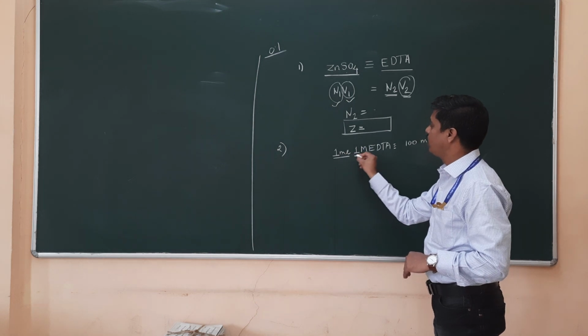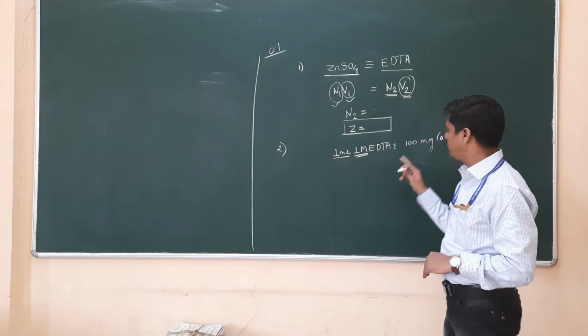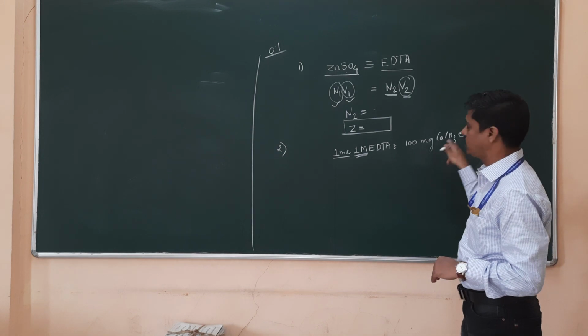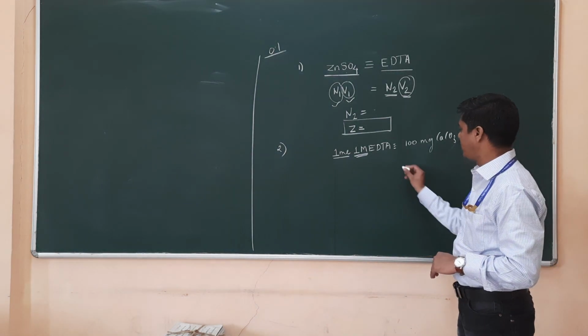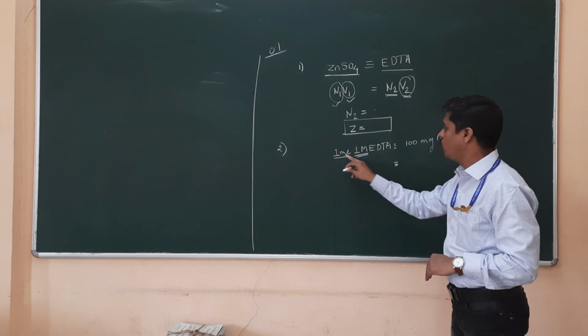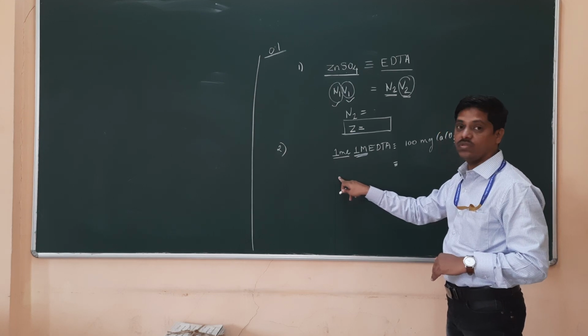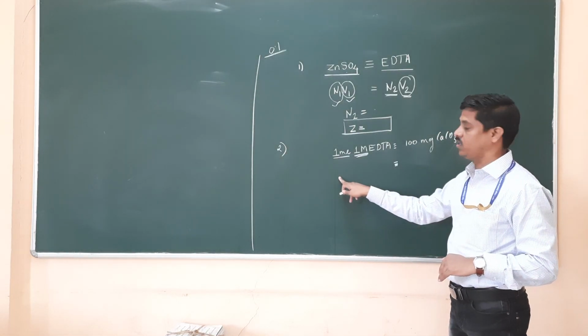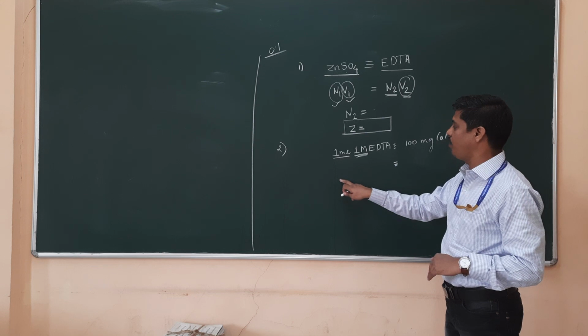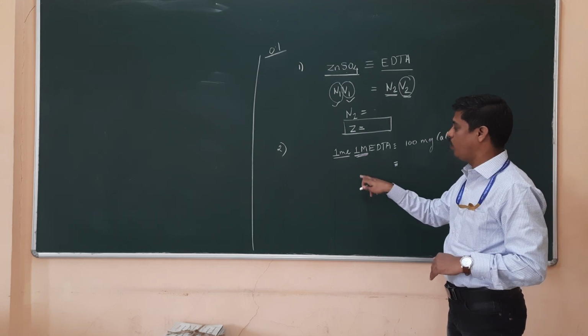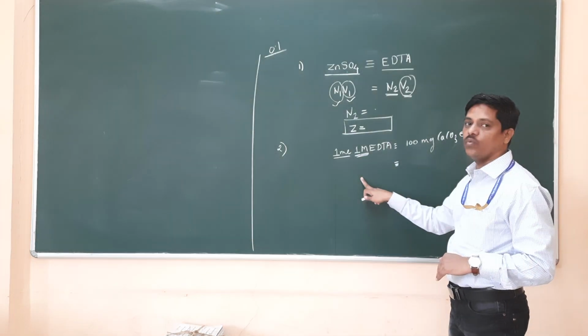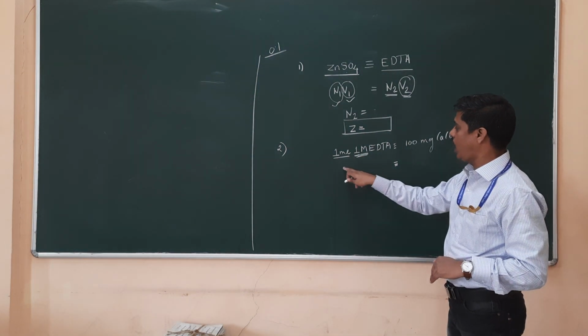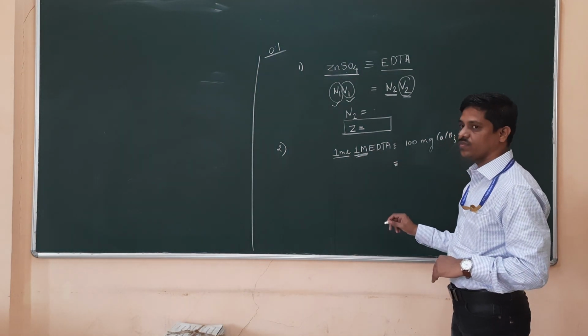If 1 molarity is used in the burette, then this much milligram of hardness is present, 100 ppm hardness is present. But you know our burette is now 7.1 ml. So 7.1 ml and molarity is 0.1 molar. So accordingly it will change.